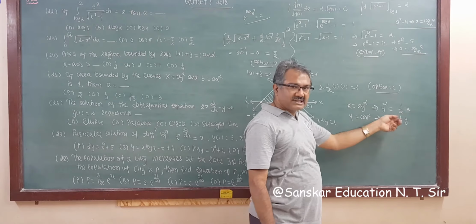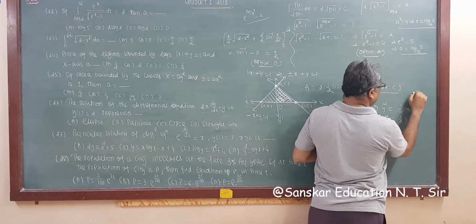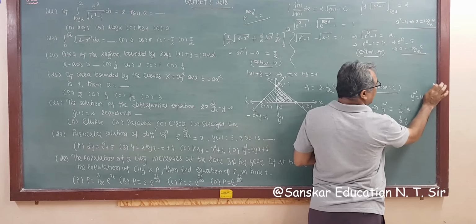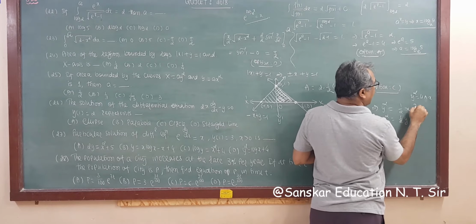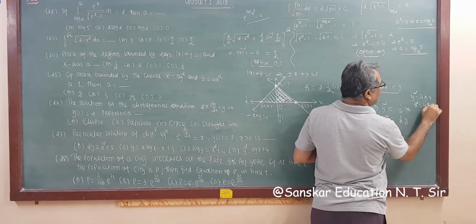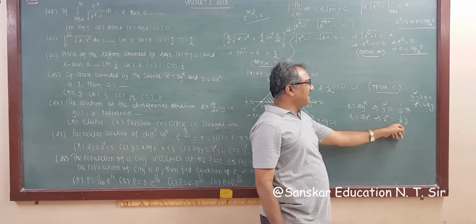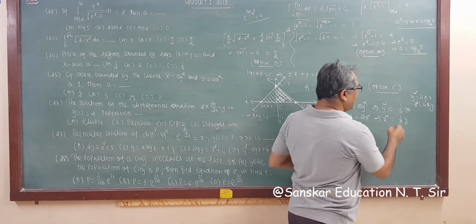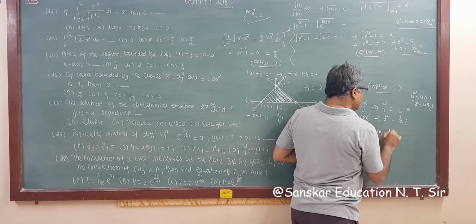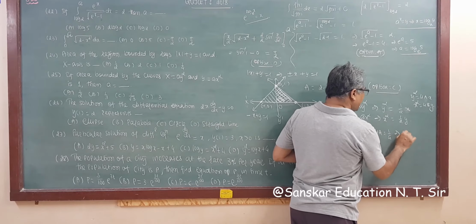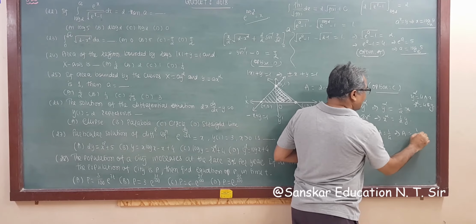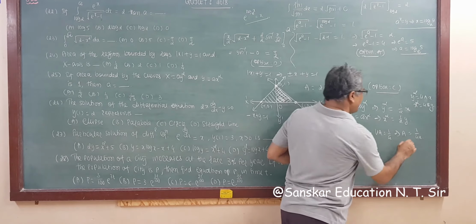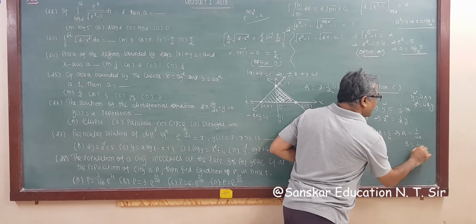Comparing these curves with y square is equal to 4Ax, and x square is equal to 4By, 4A is equal to 1 upon a. So A is equal to 1 upon 4a, and similarly B is also 1 upon 4a.